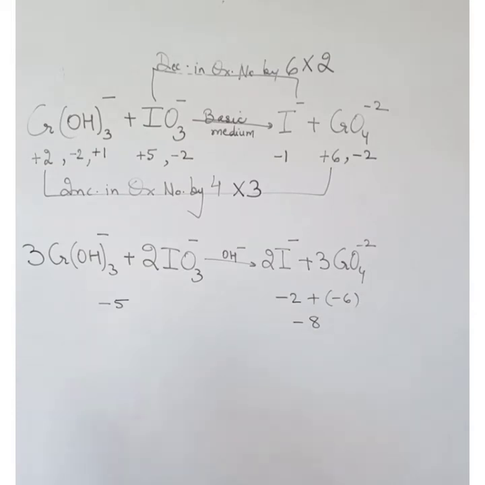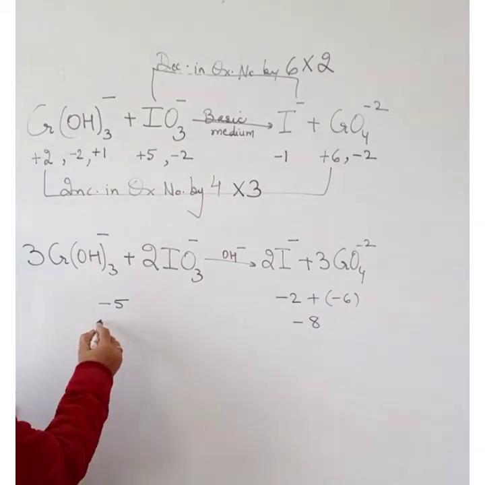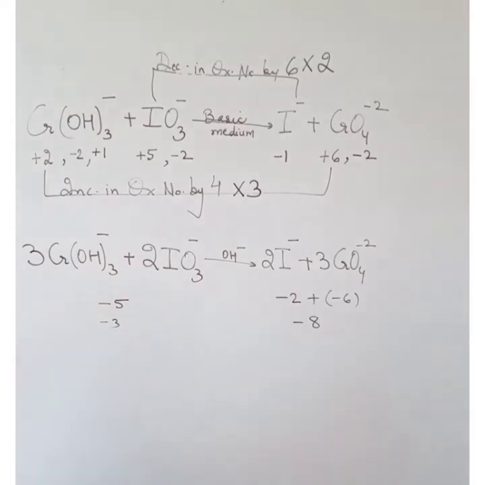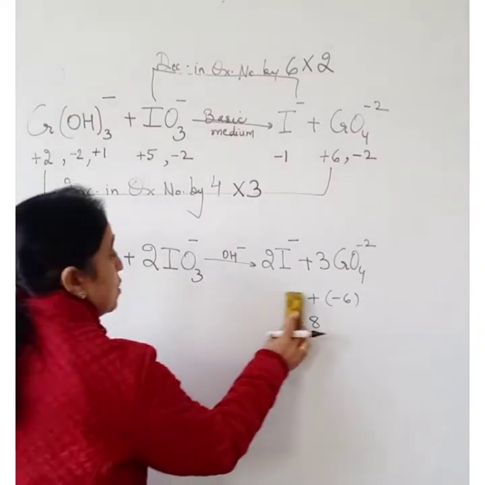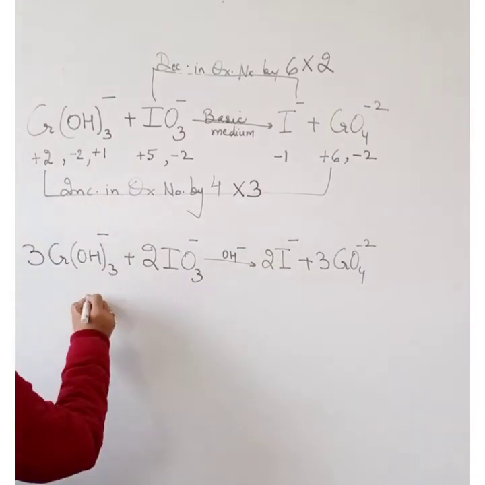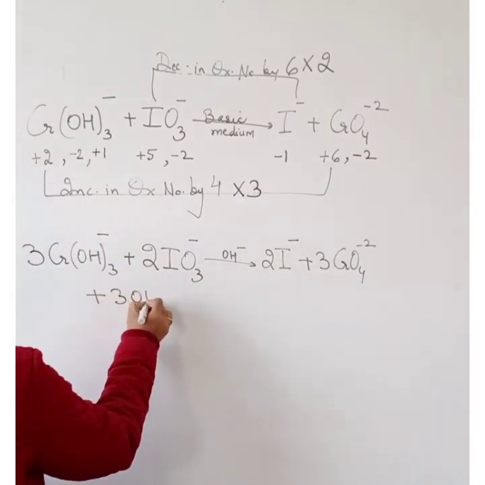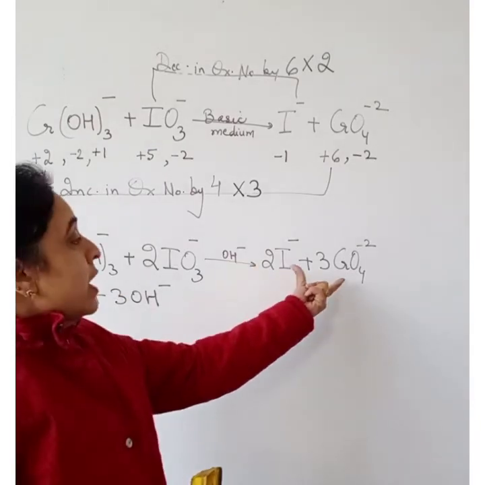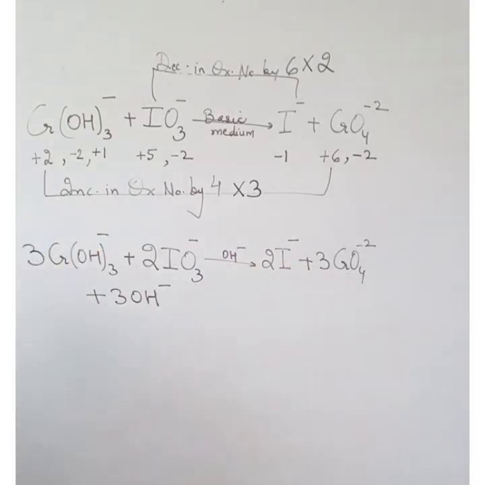So, we have to balance the charge by adding OH minus. If we add 3 OH minus, means minus 3, then the charges are going to get balanced. So, I am going to put plus 3 OH minus on this side. So, now the charges are balanced. 3 and 3, 6 and 7, 8 negative charge on this side and 8 negative charge on this side.